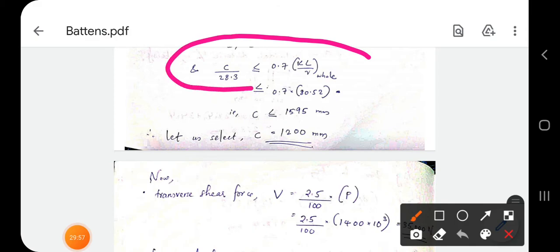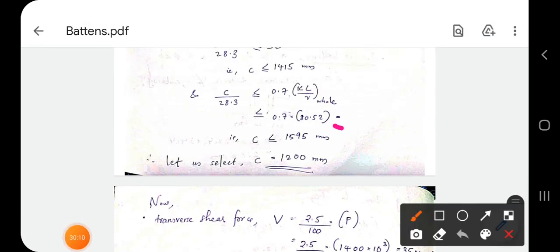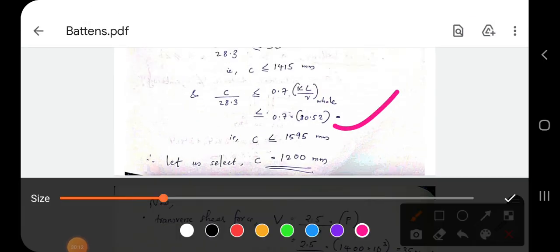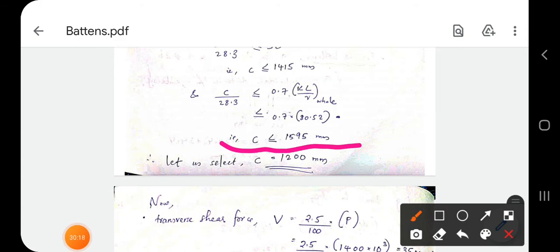And we are checking the second condition: C by 28.3 less than or equal to 0.7 times the slenderness ratio of the whole member. We already found the slenderness ratio of the whole member as 80.52. So similarly, finding C value as 1595, C value should be less than or equal to 1595.